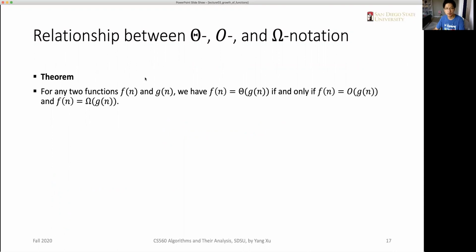For any two functions f of n and g of n, we say that f of n equals big theta of g of n if and only if g of n is an upper bound of f of n described by the big O notation, and g of n is also a lower bound of f of n, right?